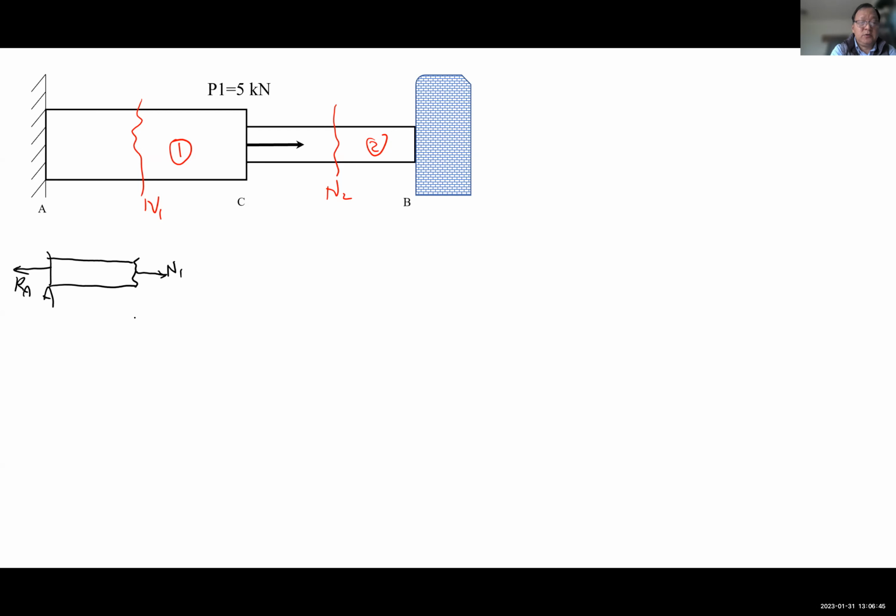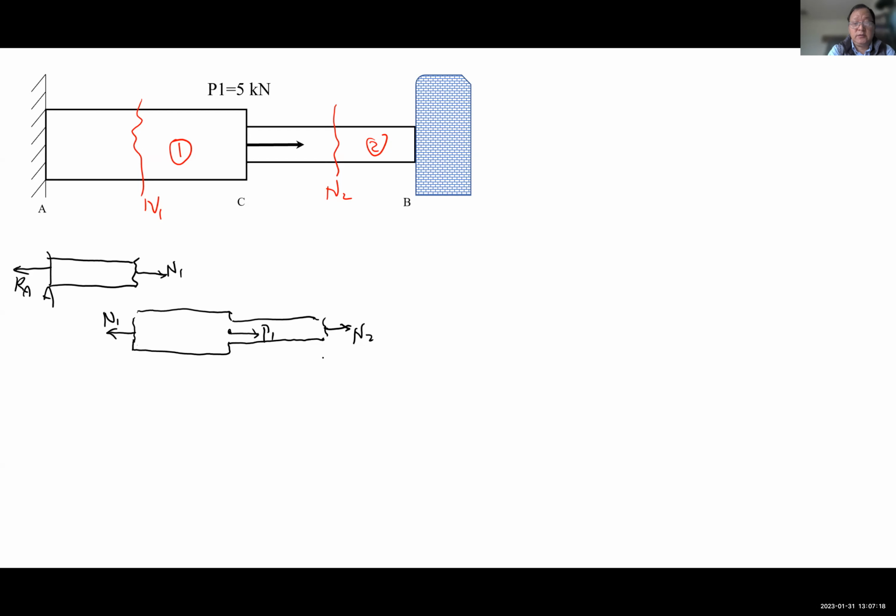Or I can draw the free body diagram this way, the middle part, so this is the cut. I have the load P1 applied here, and here I have N1. I don't know if it's tension or compression, so I just assume everything is positive, so it's tension, everyone stretching it. Therefore I have N1, and this will be N2.